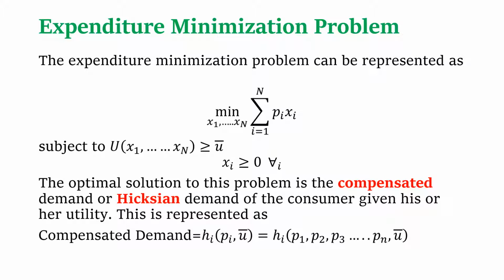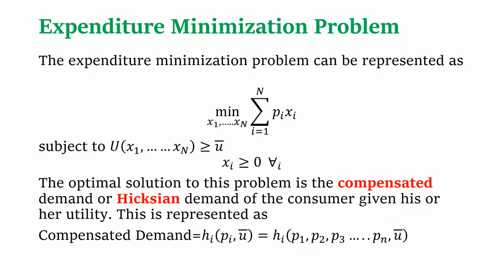That is to say, if the consumer is consuming 2 commodities, then the marginal utility per dollar spent on good 1 is equal to the marginal utility per dollar spent on good 2. You understand? In other words, MU1 over P1 equals MU2 over P2.